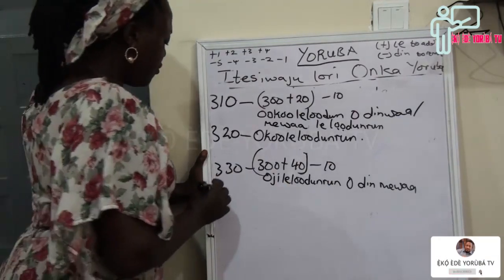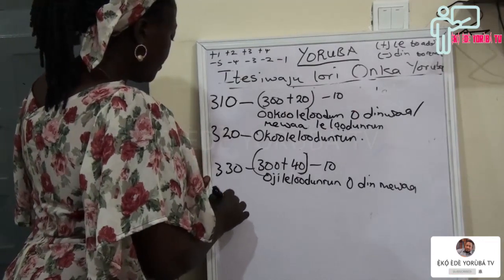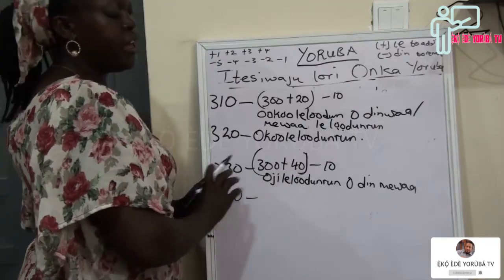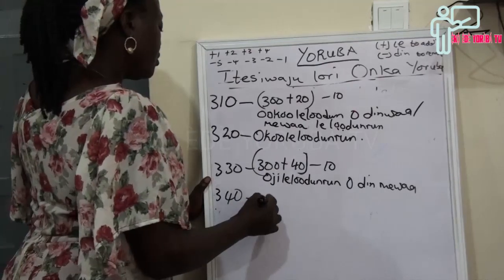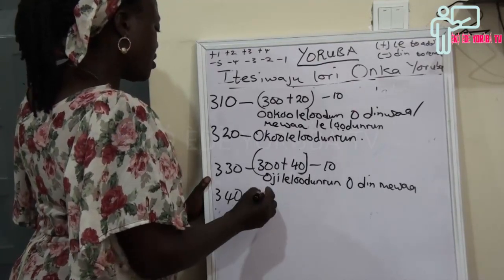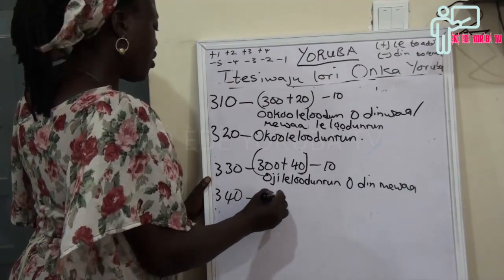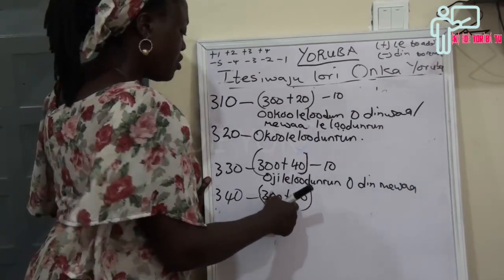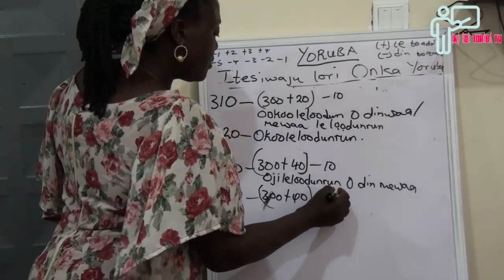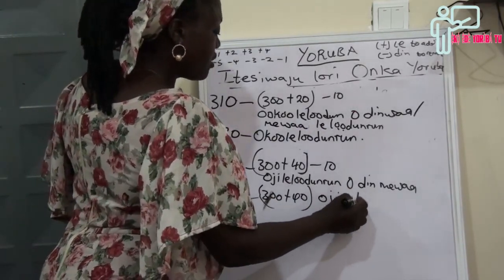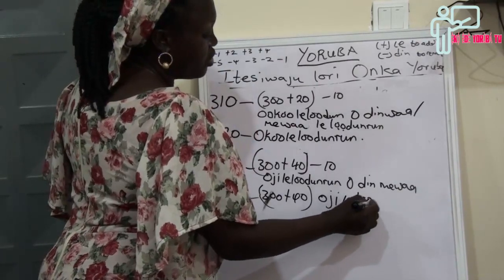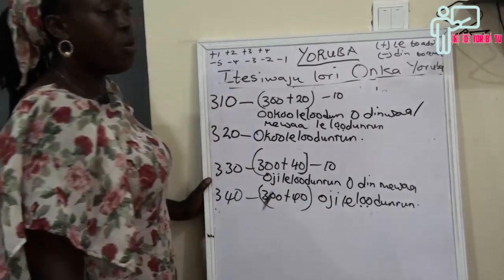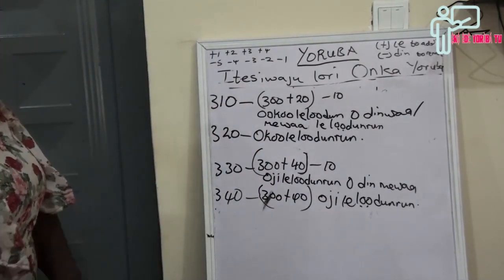So 340 is òjìlélọ́ọ̀ọ́dúnrún. That is 300 plus 40, which is òjìlélọ́ọ̀ọ́dúnrún.